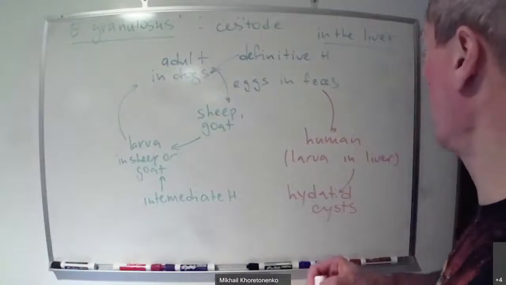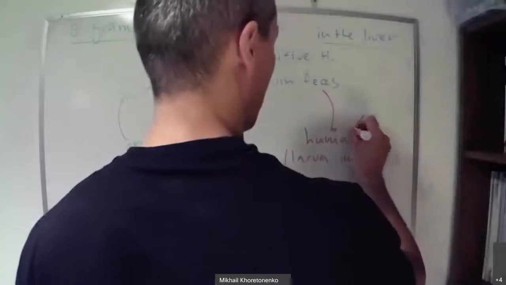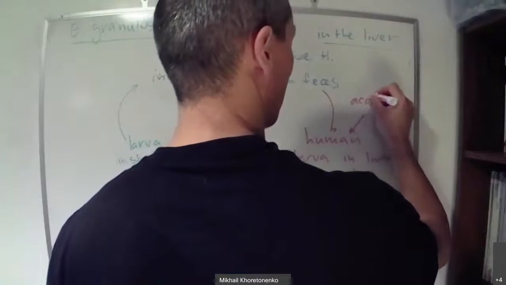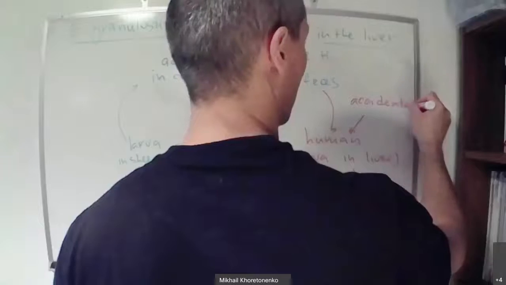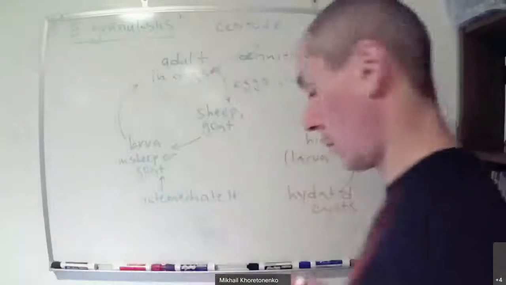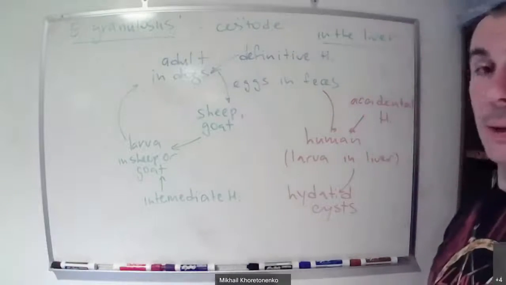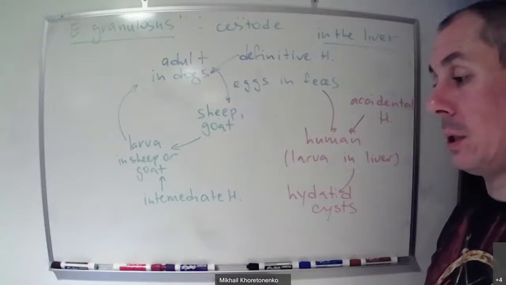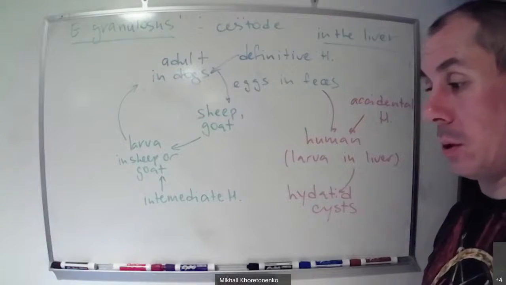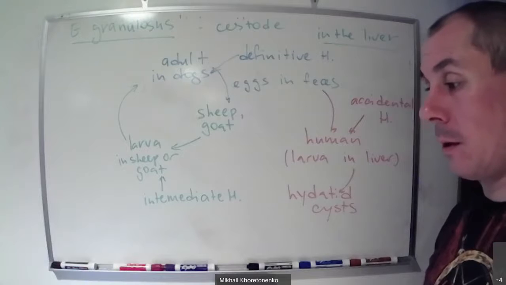And humans will be what is called the accidental host. Because last time I checked, humans do not routinely get butchered and their livers thrown to the dogs as meat.